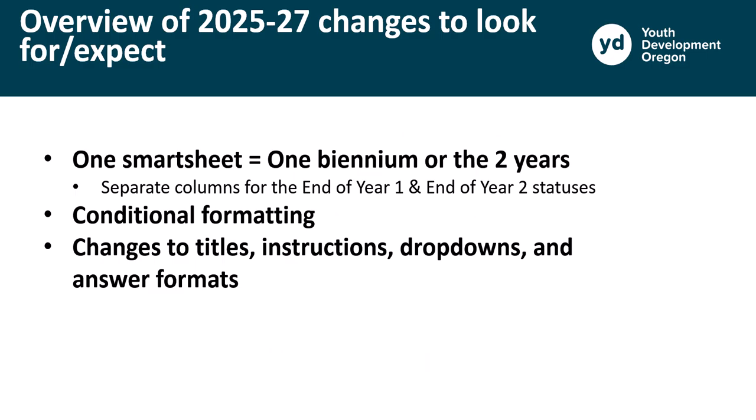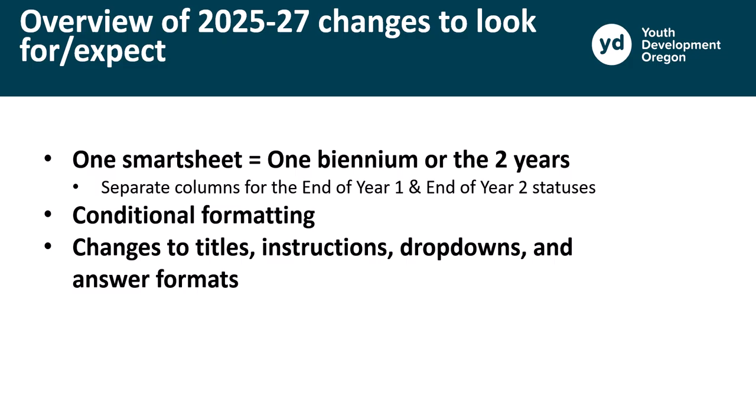One of the changes is that we'll just be using one Smartsheet for your organization for the entire biennium. And what you'll find is that there will be, as a result of this, some columns which are marked year 1 and year 2.